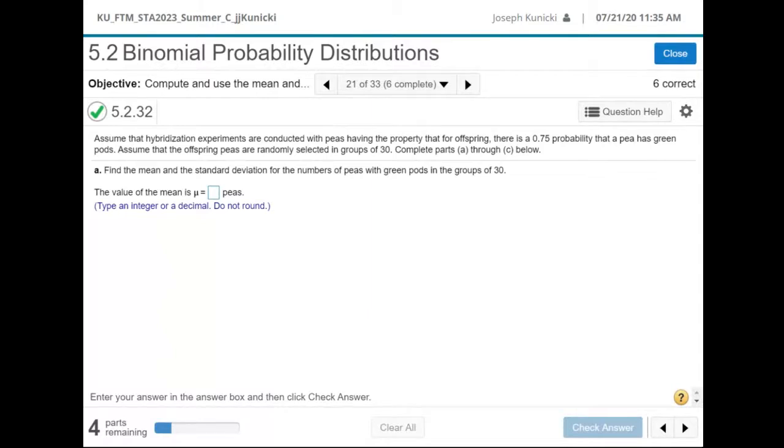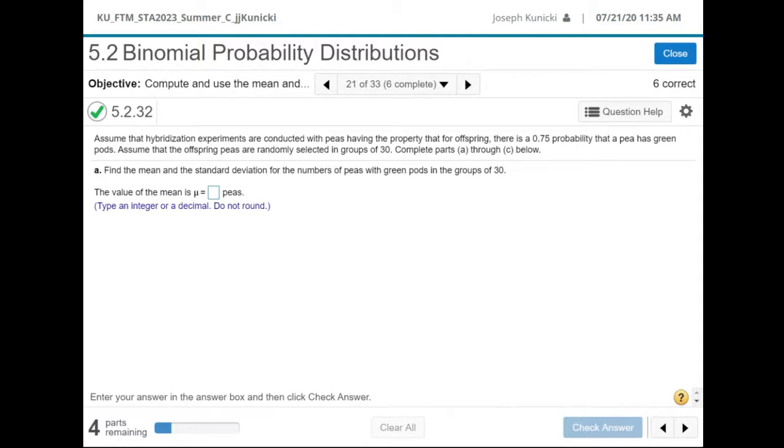So that's P, 0.75. By the way, what's Q? It's simply 0.25. P plus Q always equals 1. If P is the probability of a success, which is a green offspring, then 0.25 is the probability of a not green.